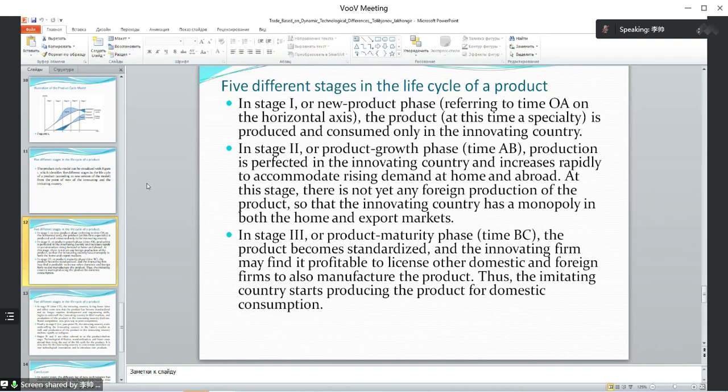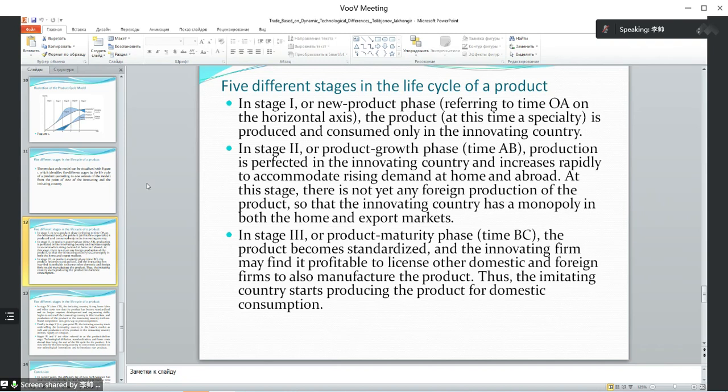Stage 2 is called the product growth phase. Production is perfected in the innovating country and increased rapidly to accommodate rising demand at home and abroad. At this stage, there is not yet any foreign production of the product, so the innovating country has a monopoly in both home and export markets.